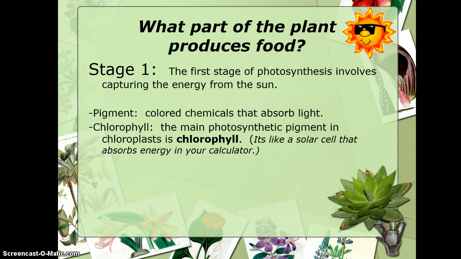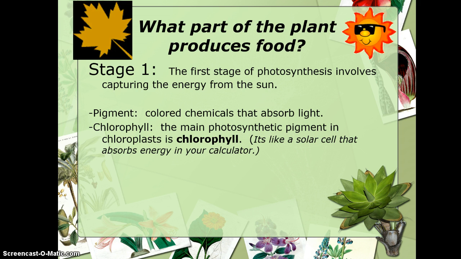Okay, so stage one. What part of the plant produces food? In the first stage, we're talking all about the sun. Yesterday when we looked at the Elodea or duckweed plant, we saw the little chloroplast organelles inside of those cells, and we explained that inside those cells we have little pigments of chlorophyll that are actually going to capture that sunlight.